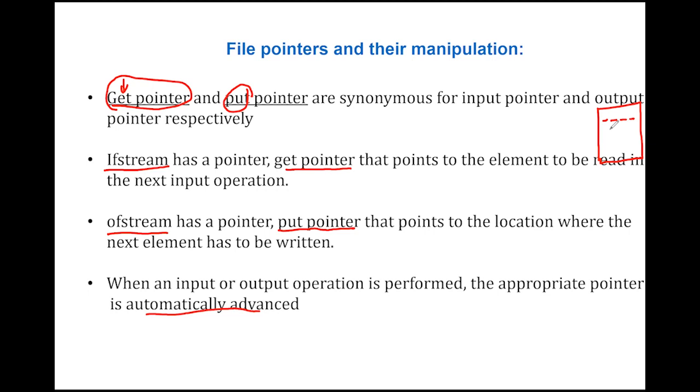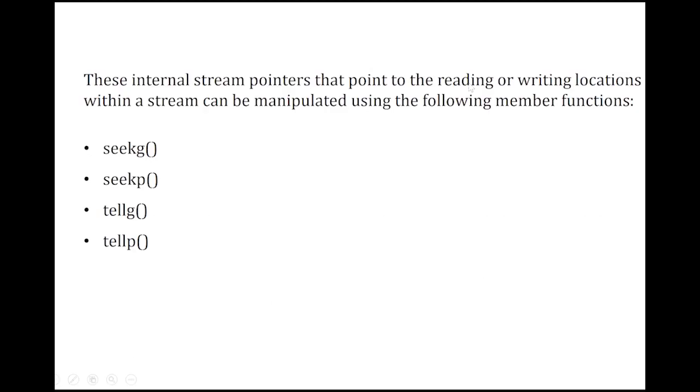If it is a reading operation, then the get pointer is advanced, and if it is a writing operation, then the put pointer gets advanced automatically, right? Now, these internal stream pointers that point to the reading or writing locations within a stream can be manipulated using the following member functions.